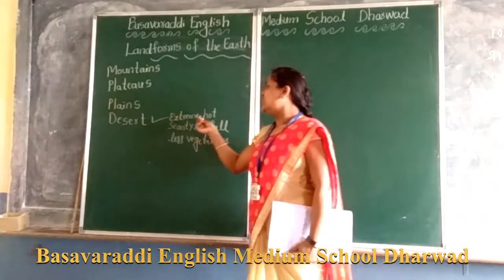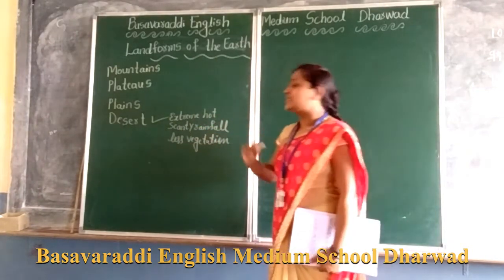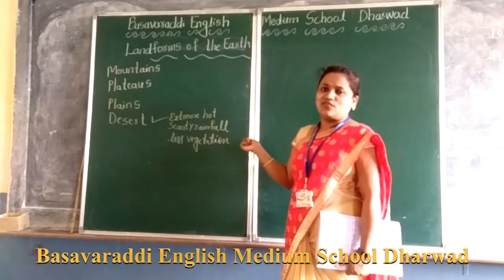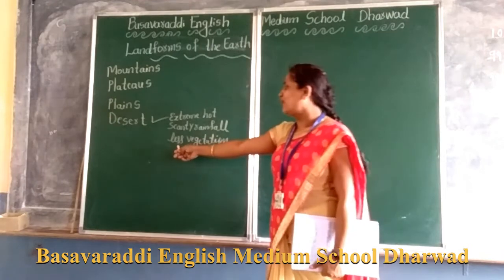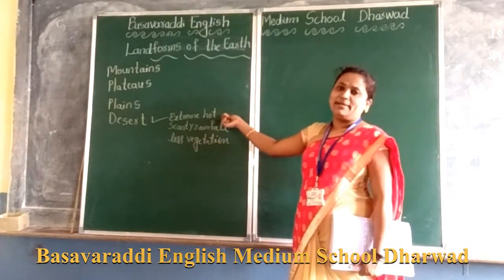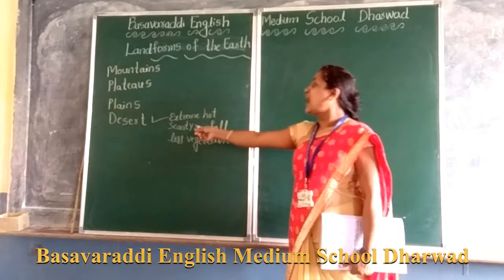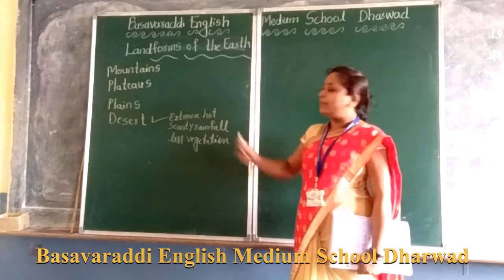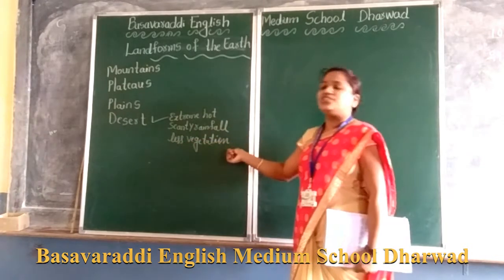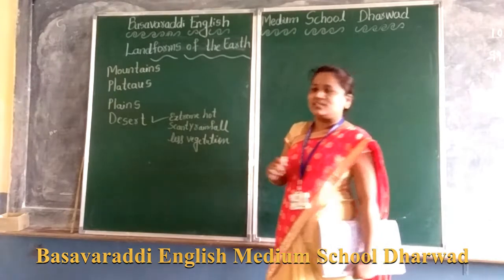And desert experiences extreme hot climatical conditions as well as scanty rainfall, little rainfall. Because of these two reasons, the extreme temperature and scanty rainfall, desert has less vegetation. In desert, two types of deserts are there.